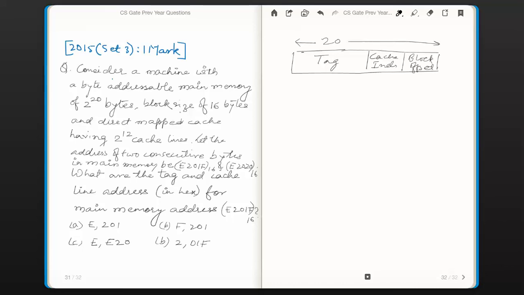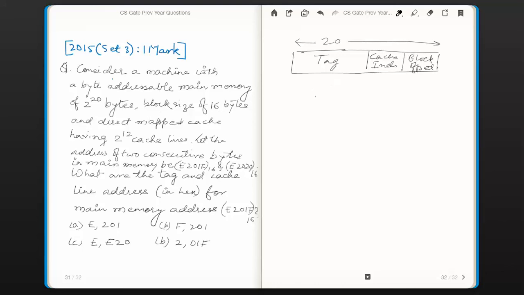Right? So from 2 to the power 20 bytes of main memory, we have found out the width of the CPU address would be 20 bits. Now we need to find out the width of the block offset field. The block size is given to be 16 bytes.